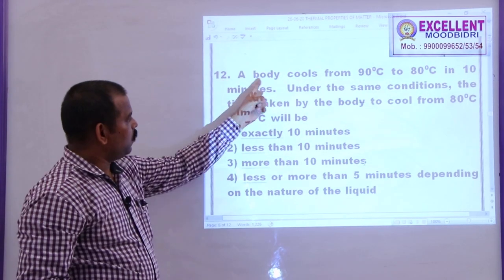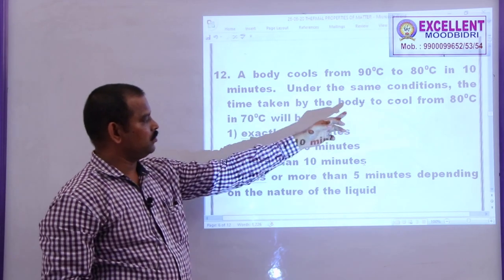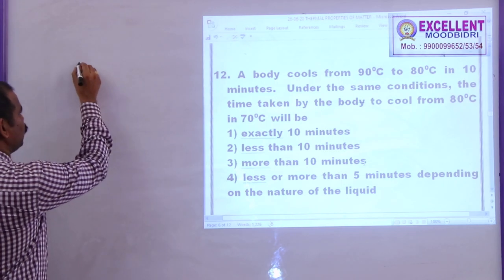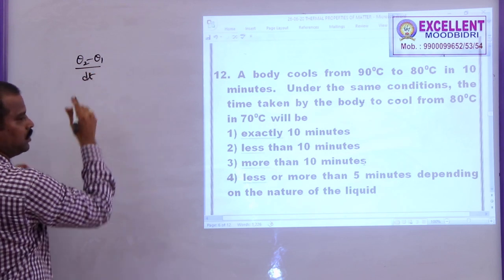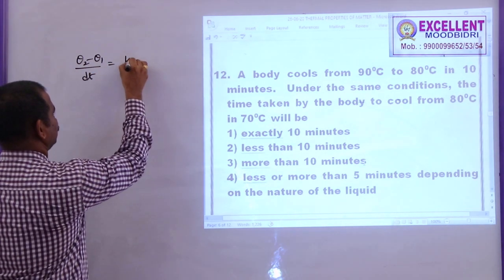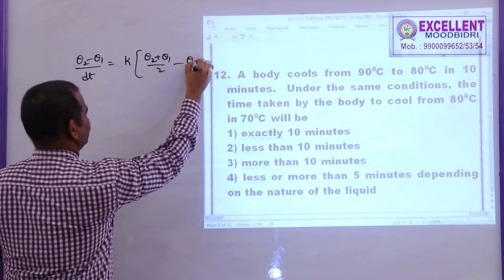12th one, a body cools from 90 to 80 in 10 minutes. Under the same conditions, find the time taken by the body to cool from 80 to 70. Now, from Newton's law of cooling, the rate at which the temperature decreases, the rate of cooling, is equal to some constant K into average temperature minus temperature of the surroundings.